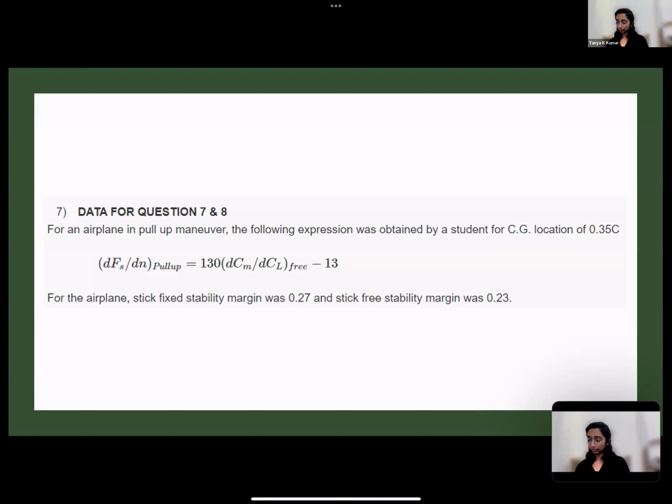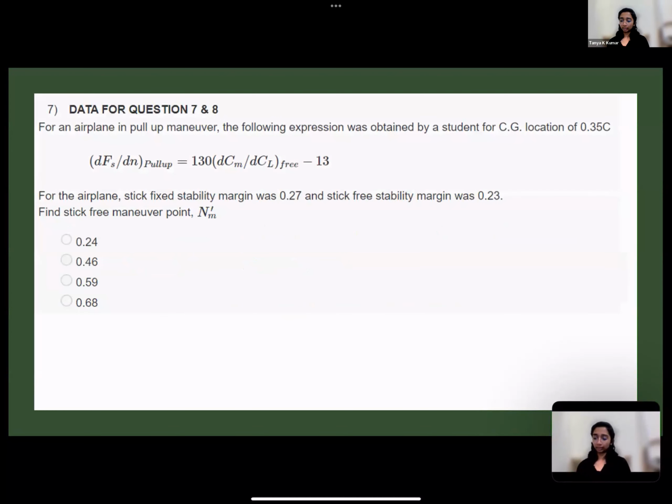You can see the stick fixed stability margin is greater than the stick free, which means the stick fixed is more stable. The more stable the aircraft is, the more the stability margin, and the less easy it is to control. So the first question is to find the stick free maneuver point. How do you do this? Stick fixed or stick free? How do you do this?